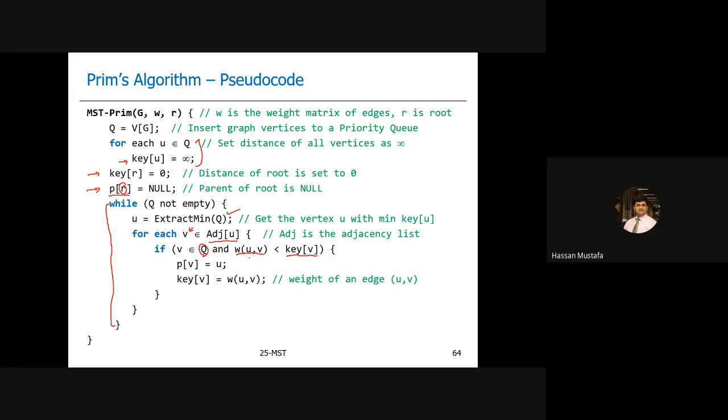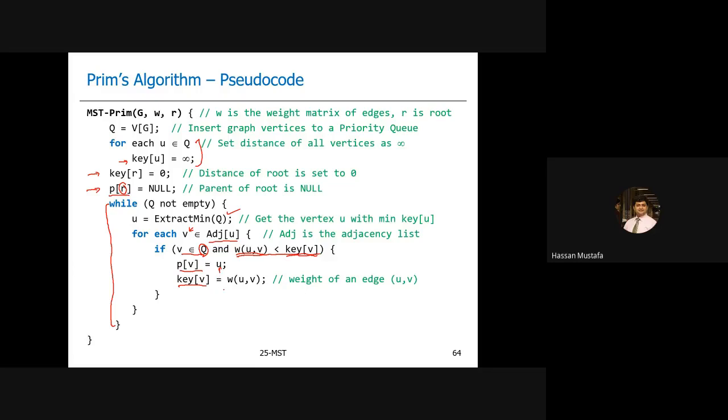So we would update, because all the nodes are not processed and the weights of all the adjacent nodes of node R are infinity. So we would update the weights here in the second line, and in the first line we would set the parent of that adjacent node V as U. So U becomes the parent of all its adjacent nodes.